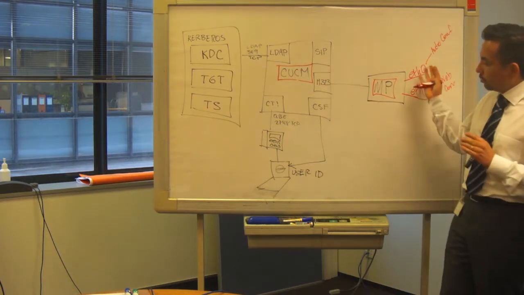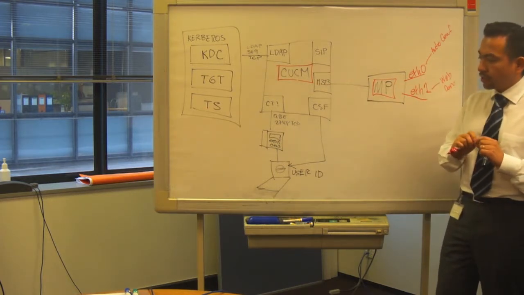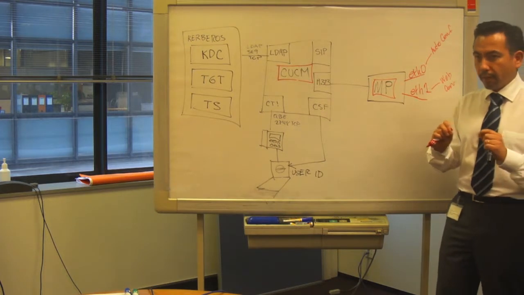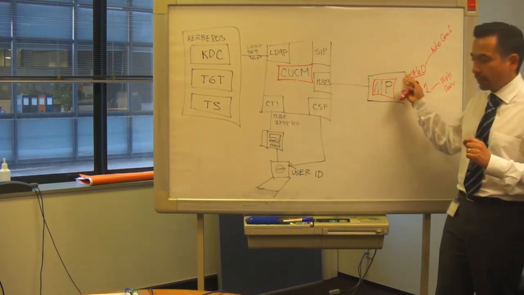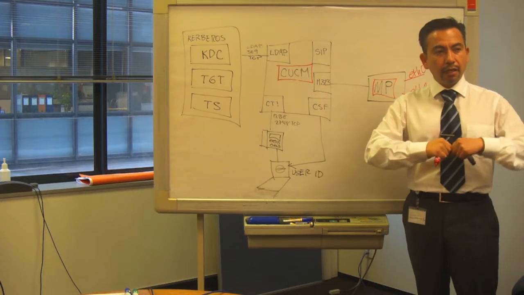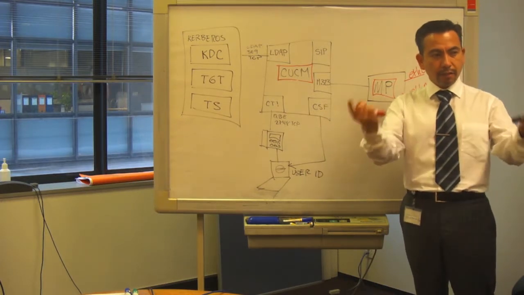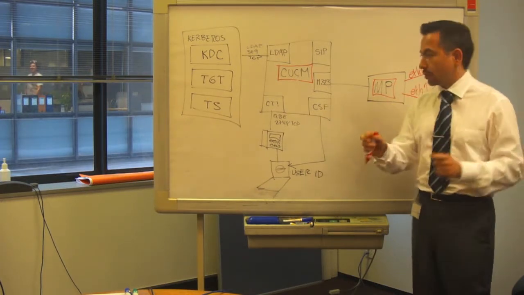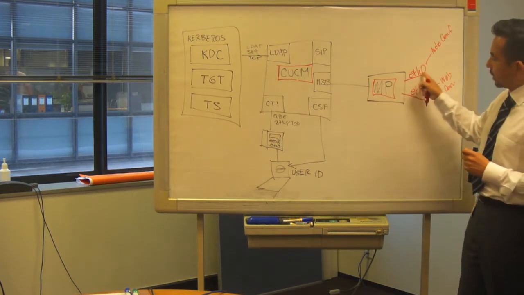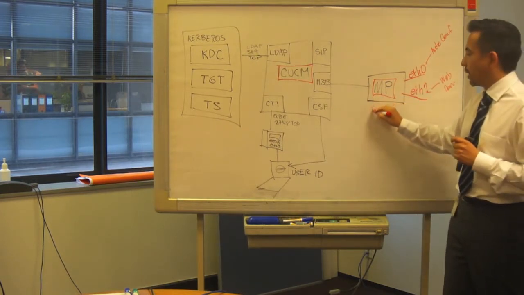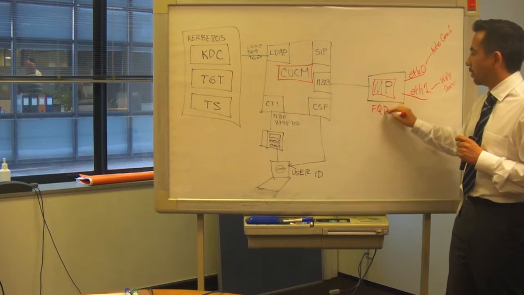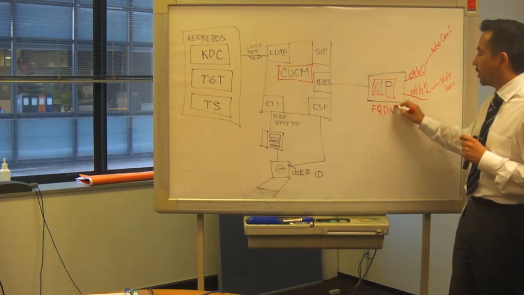Now, if the user wants to enable share desktop, it's going to go to the other Ethernet. It's going to authenticate, and it's going to say, I can share my desktop. This Meeting Place has to have a fully qualified domain name.